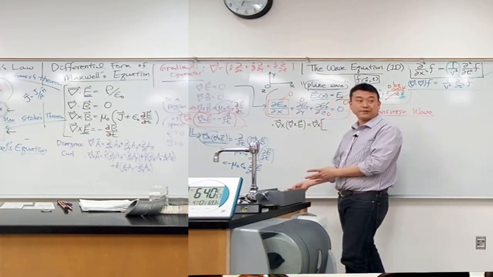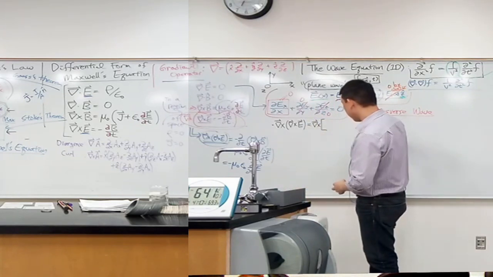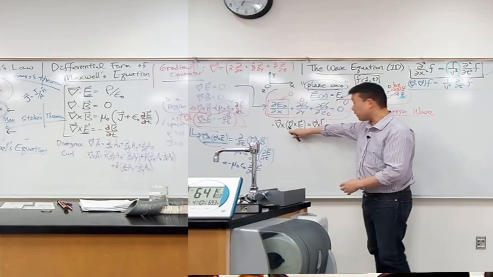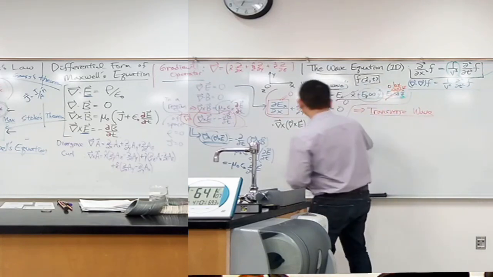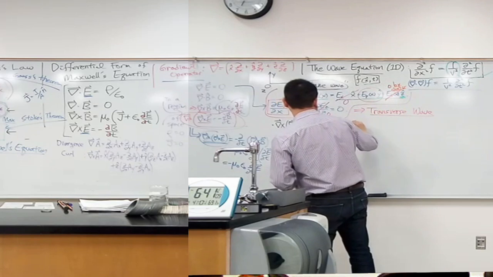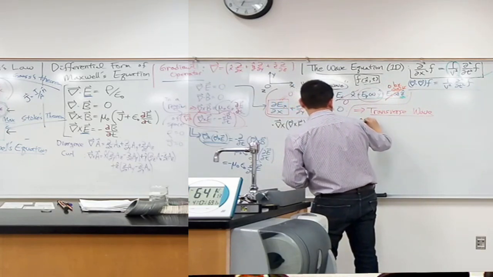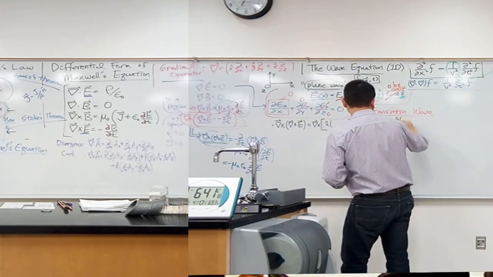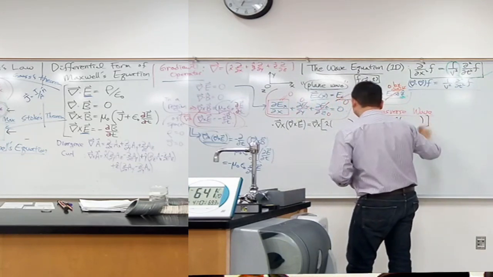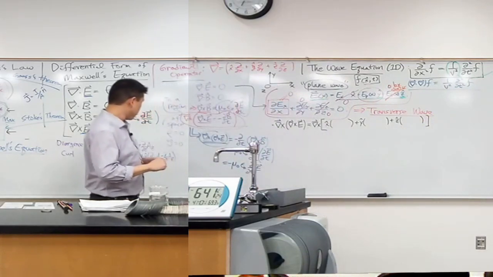I'll just say that it's 0 and then move on. The result of curl will be a vector with 3 components: x component, y component, and z component. Some of them might end up being 0, but it can potentially have those 3 components. So let's look at that.